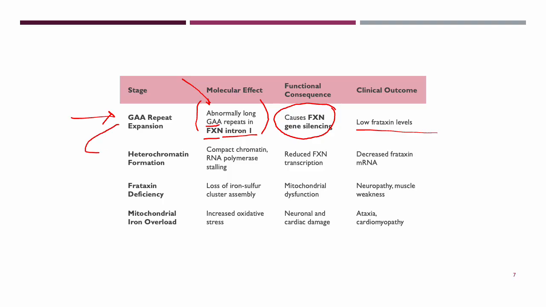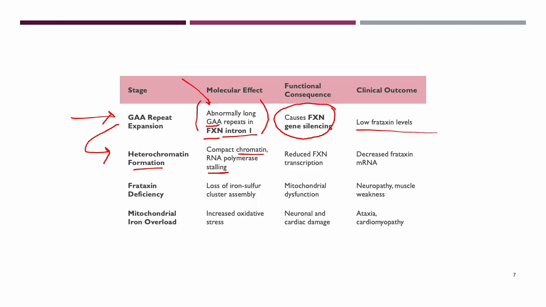Furthermore, these GAA triple repeat expansions cause chromatin to become tightly packed. We call it heterochromatin formation. So we will have compact chromatin that will prevent RNA polymerase from efficiently transcribing the FXN gene, leading to RNA polymerase stalling.